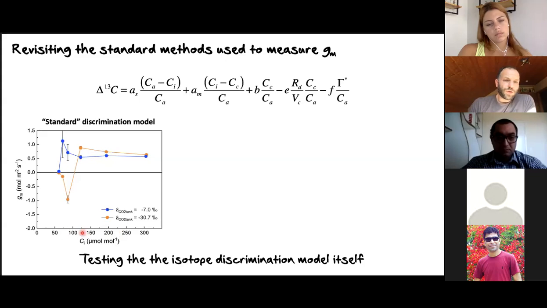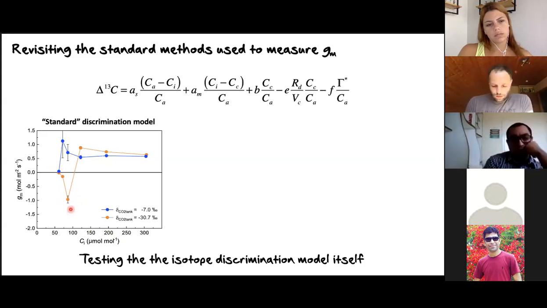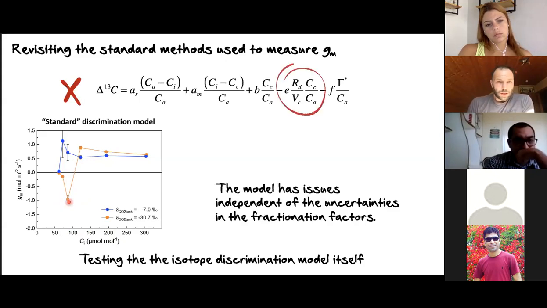The lower the CO2 concentrations are, the more deviation you get. And some values even come out negative. Negative conductance doesn't really exist, or you'd have to come up with some way to explain that. But in any case, those two values measured with two different gases are not the same.